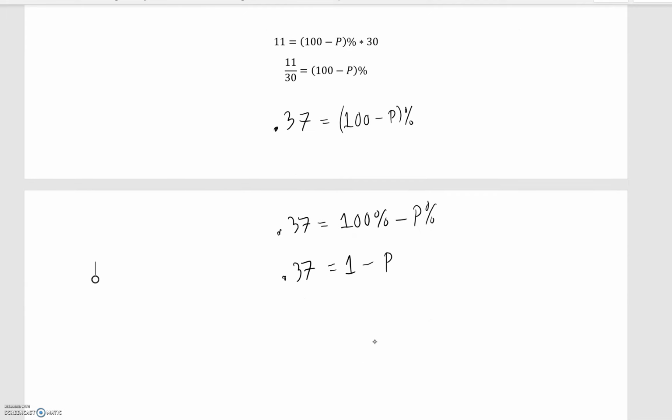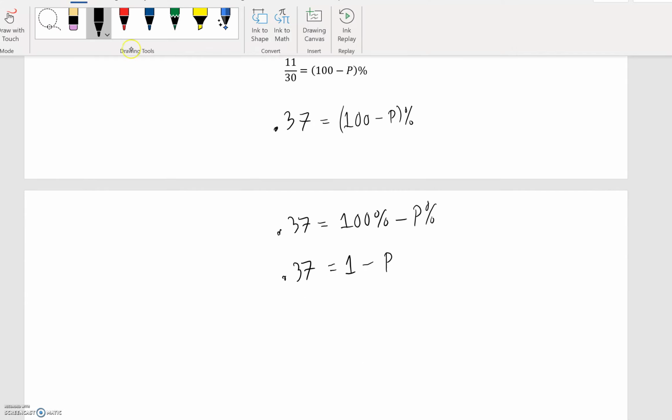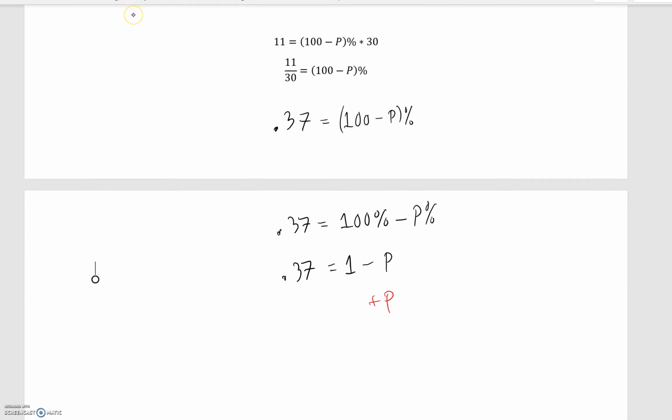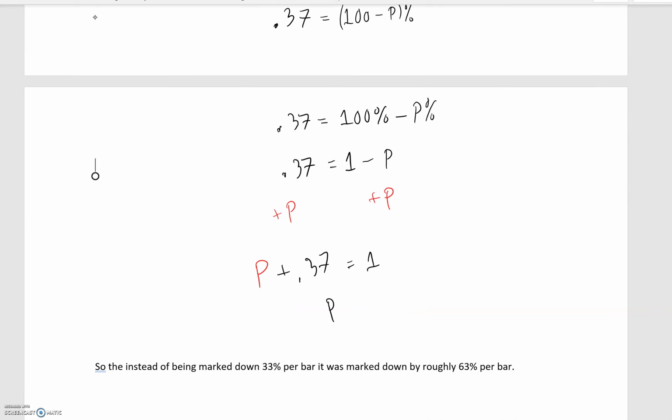And now we are going to solve for P. So solving for P here, you end up with approximately 0.63, which is 63%. So instead of being marked down by 33% per bar, it was marked down by roughly 63% per bar, which is a pretty big blunder.